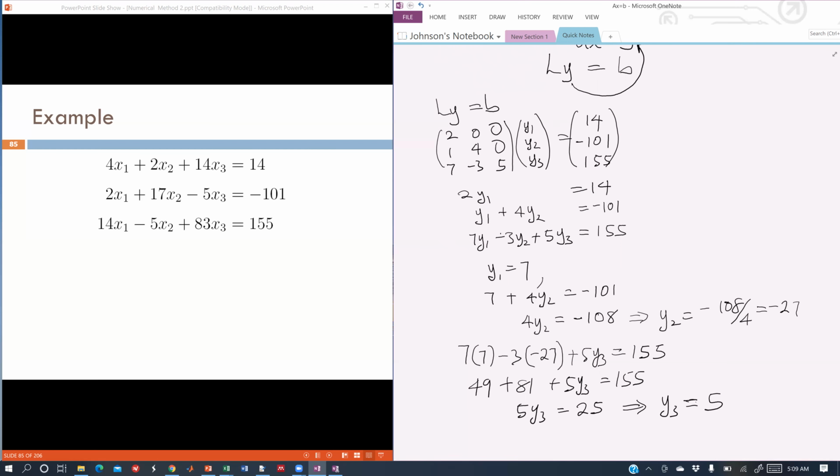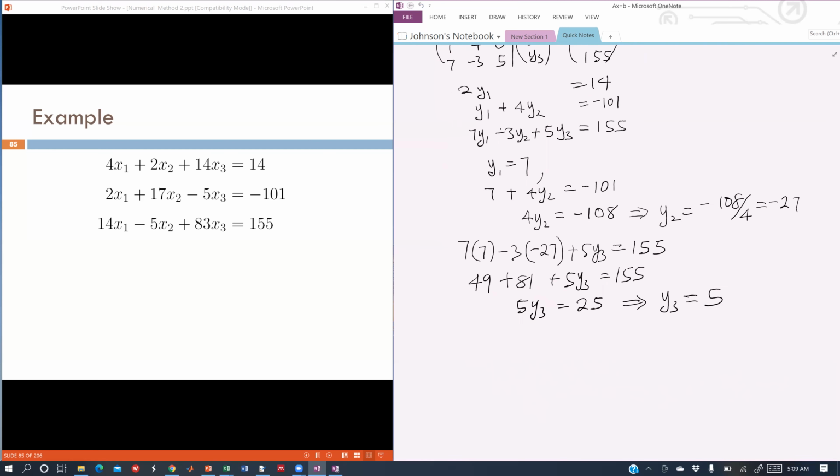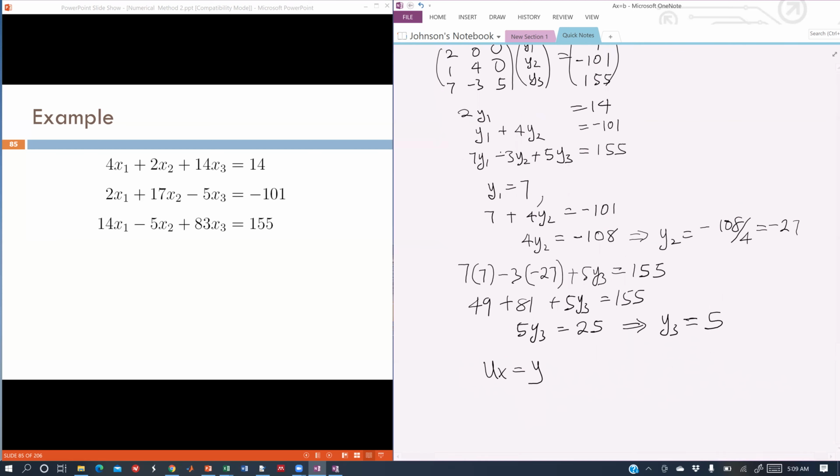And so we can proceed to solve the other system that comes out of the U. So now that we know our y, we're solving Ux is equal to y. And so U is, according to the system, the transpose of L. And so we have 2, 0, 0, 1, 4, 0, and then 7, minus 3, 5.